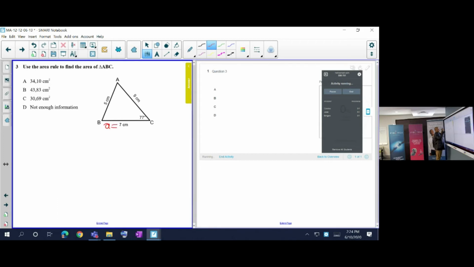So that is small a, that is small c, that is small b. Okay, that's quite a good head start. What are you given again? You're also given the angle C. So how are you going to get the area of this triangle? I'll give you a minute to look into this and come up with the area of the triangle.